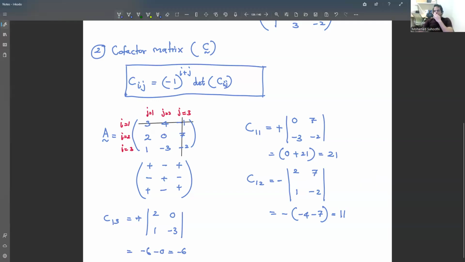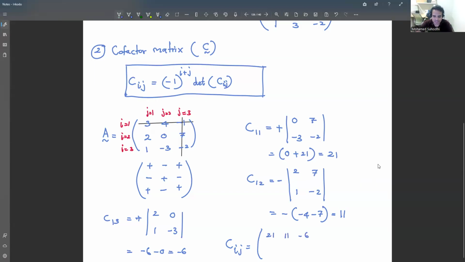Okay. Then finally, you can write the total cofactor matrix the similar way, right? So for example, when you take 2, just cover these 2, and this 4 will be there. So like that, you can get the total cofactor matrix. In my case, I already calculated this one. Let me write the answer: 21, 11, minus 6.